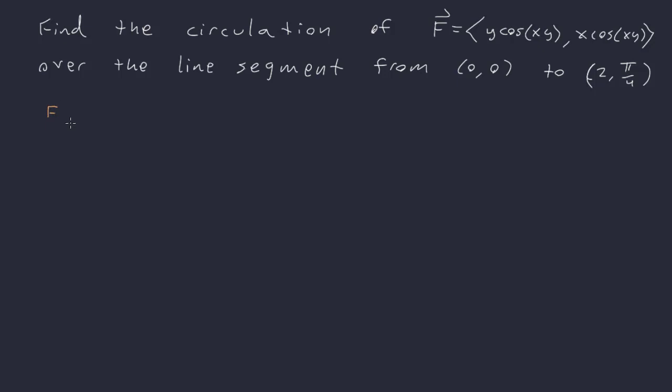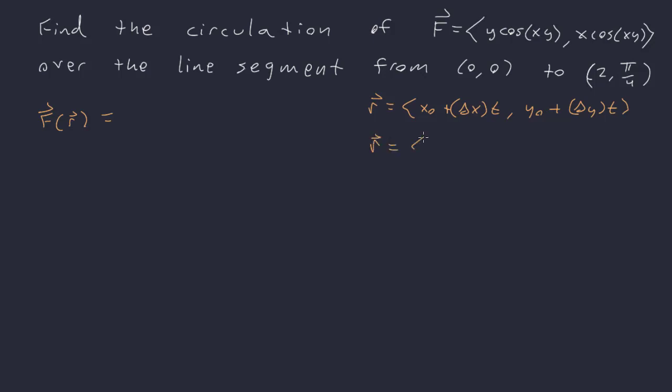So without the fundamental theorem of line integrals, we would first need to find f of r. Well, r for a line segment, remember, is going to be x naught plus delta x t, comma y naught plus delta y t.